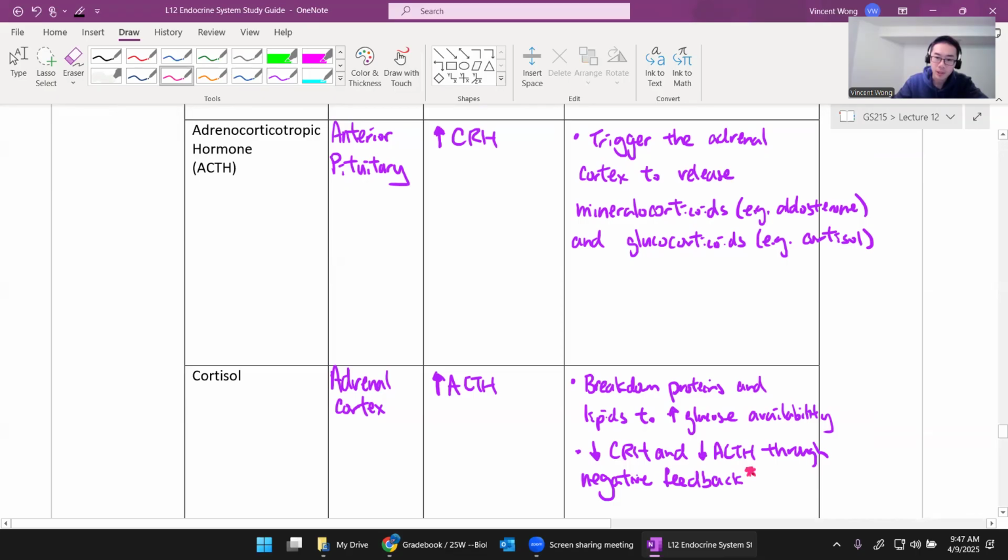Now I'm going to put a star here with the negative feedback. And what am I going to say? I've been telling you this a couple times. You know what I'm going to say? What am I going to write with this pink asterisk?